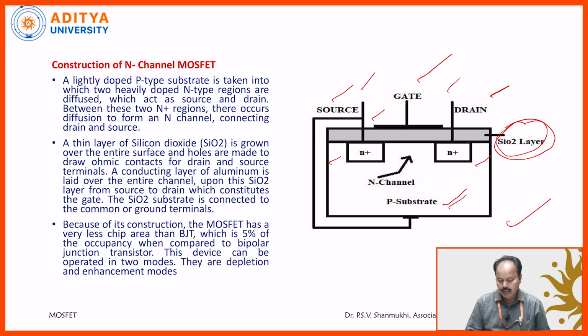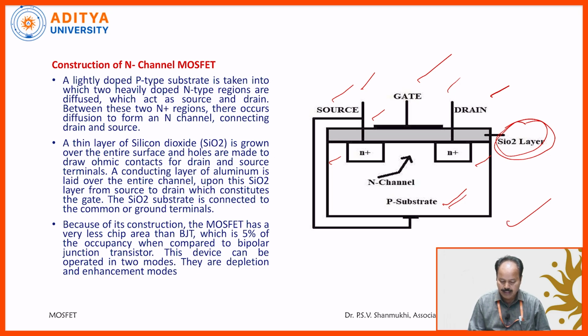Actually, you observe this kind of construction: the base is taken as the p-type substrate. On that one, we are diffusing two heavily doped n plus regions. Automatically, one is acting like the source and the second one is acting like the drain.